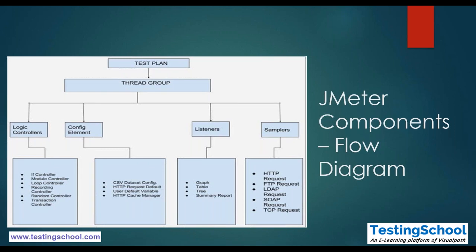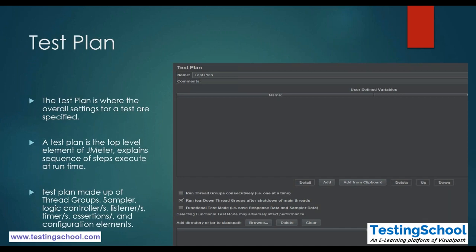Moving ahead, first is test plan. As you can see on my screen, this is how a test plan looks. What is a test plan? The test plan is where the overall settings of a test case are specified. That is the highest level of your test script where each and every component will reside.